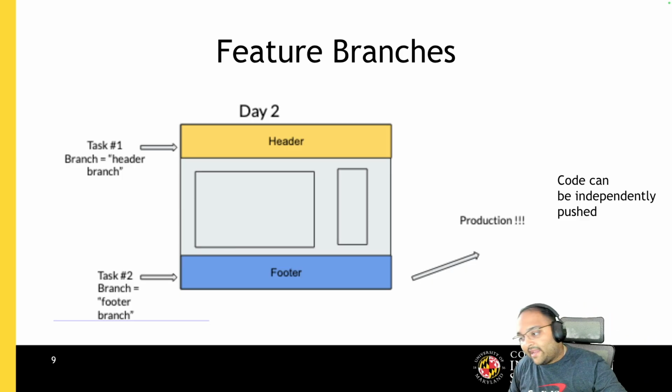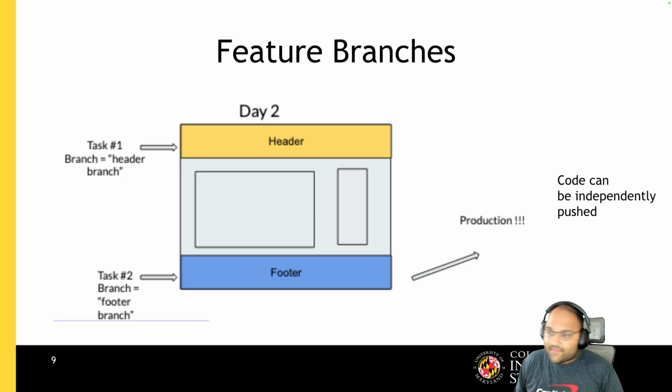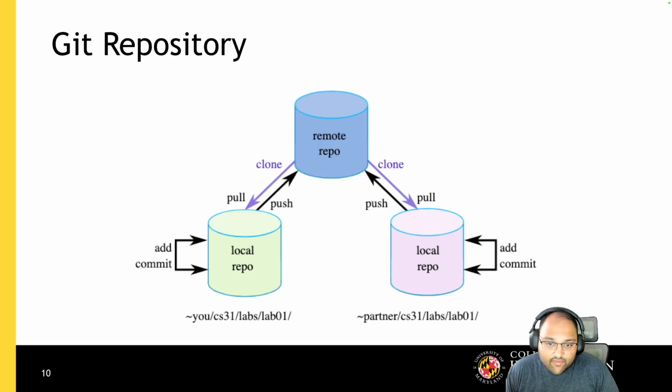And Jim says, hey, no, there's a lot of changes. I need a week. And so Jim is able to work in isolation because his code is in a different branch. So these are what we call feature branches. So Alice then can independently push her code to production.